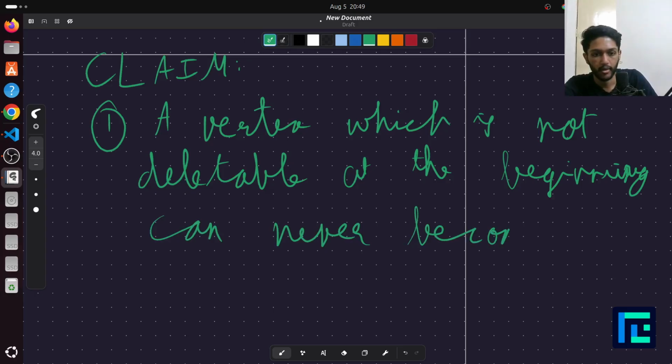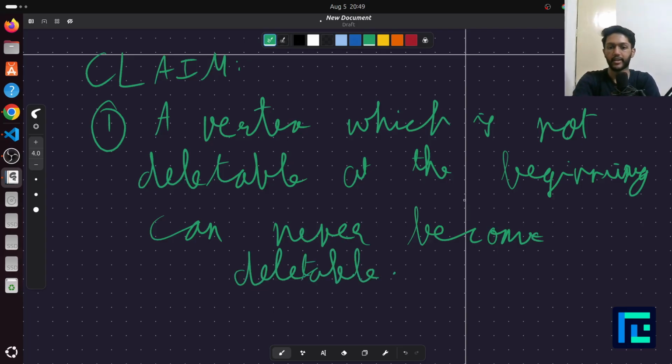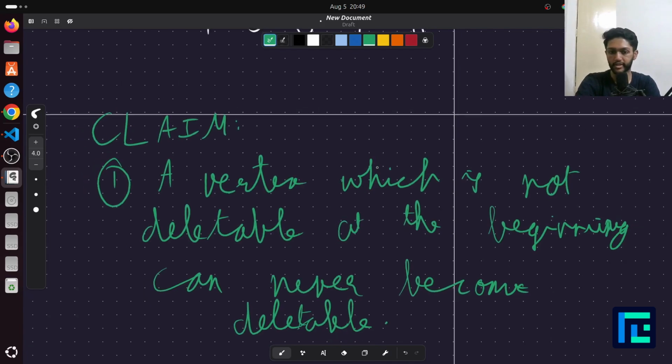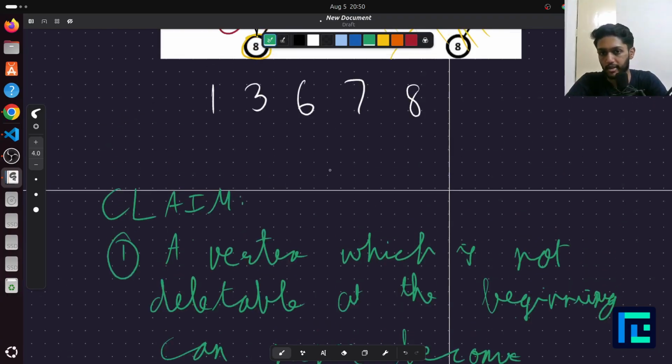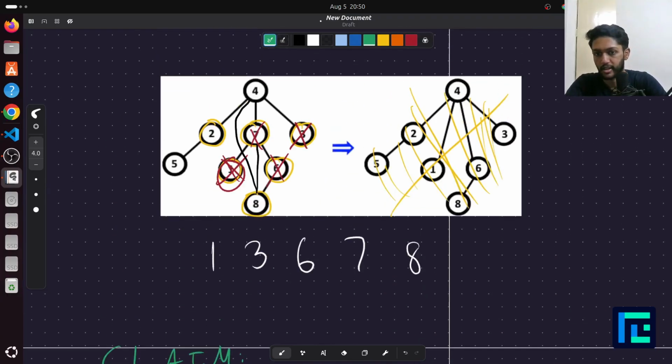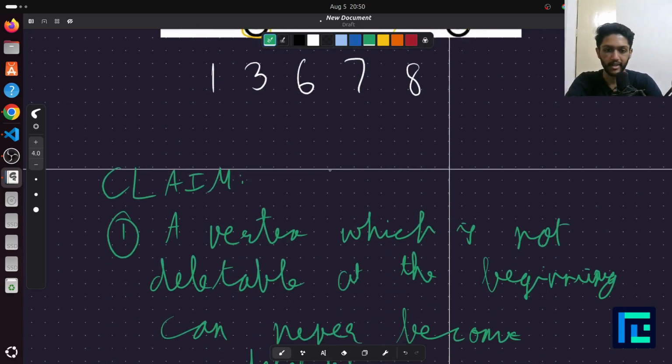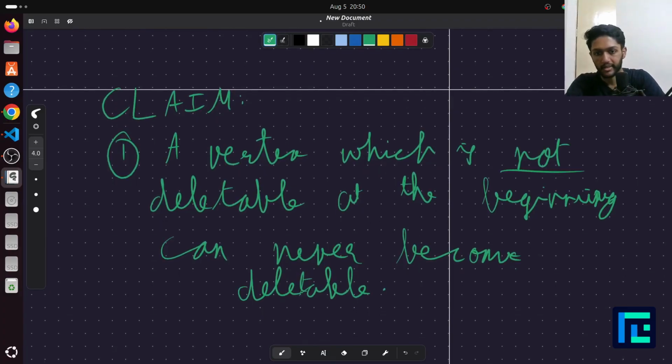What I am saying is that let's say we have a vertex which is initially not deletable. Even after doing some operations, when you delete some vertices, it changes the edges. But if it is initially not deletable, then even after changing the edges, it will not be deletable.